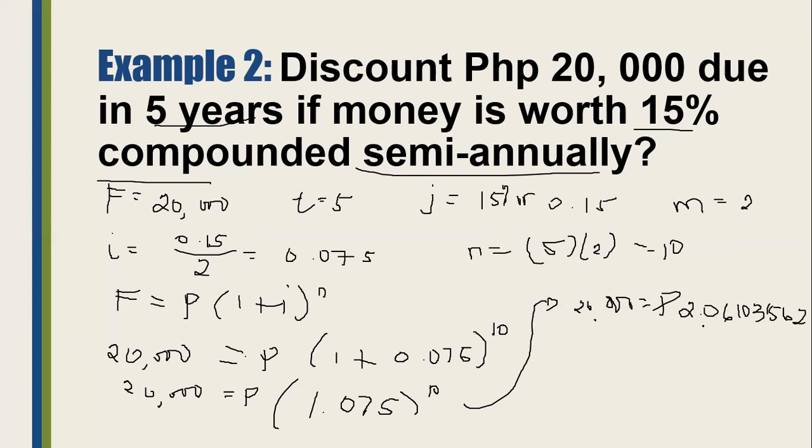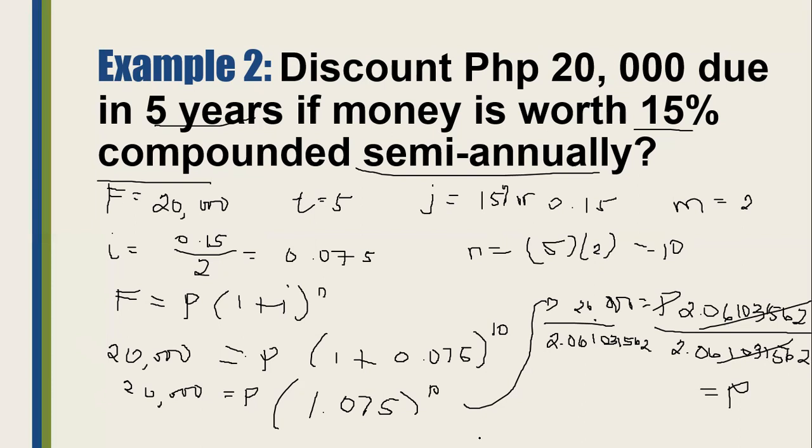So we have 2.061031562. Then divide both sides by 2.061031562. It cancels out. So P is equal to 20,000 divided by 2.061031562.